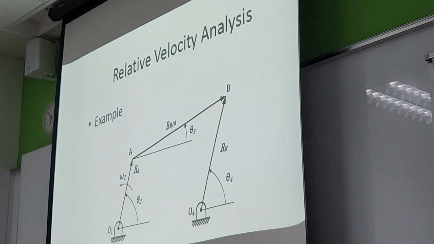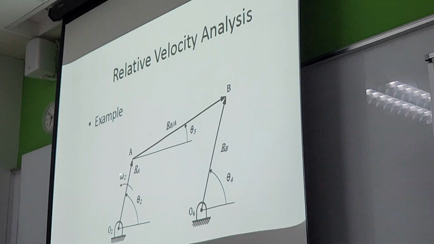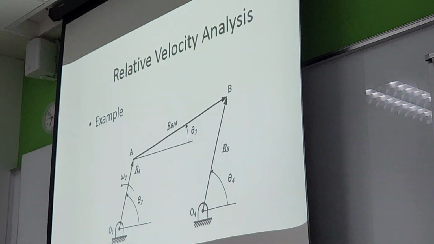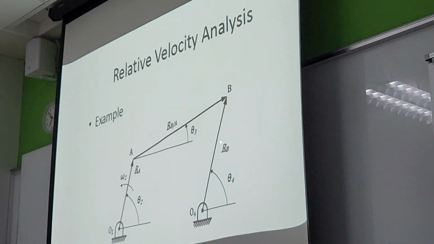So the first one is O to A, right? The angular velocity omega 2 is given, counterclockwise, and theta 2 is given. Then you have plotted the mechanism to scale and you got your theta 4 and theta 3.